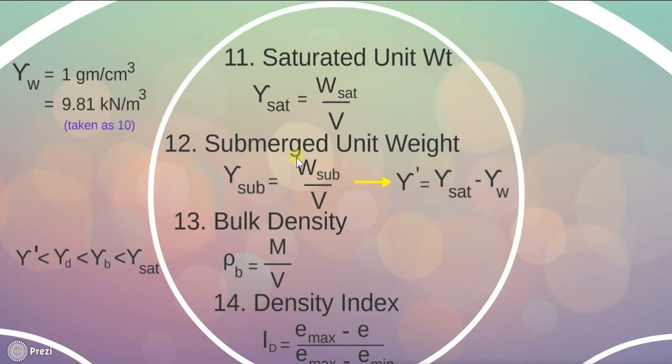Next definition is submerged unit weight. The name itself shows submerged. So when a dry soil mass is put into water, or water is put on some dry soil mass, it is submerged, not fully saturated, but it is submerged. Submerged unit weight is defined as the ratio of submerged weight of soil solids to the total volume.